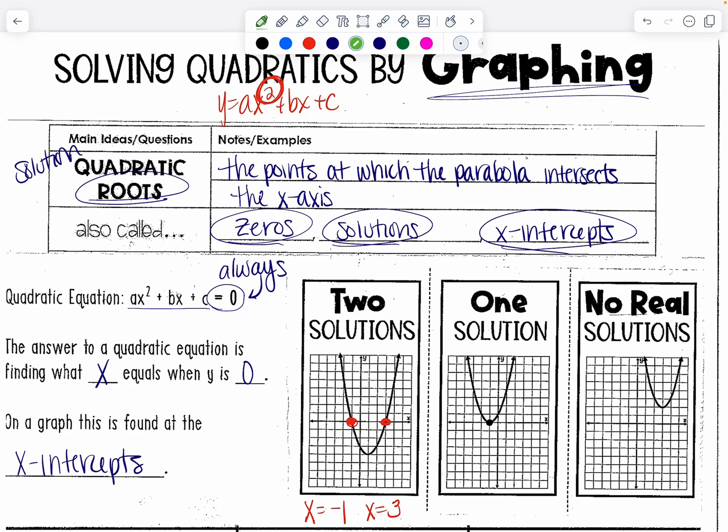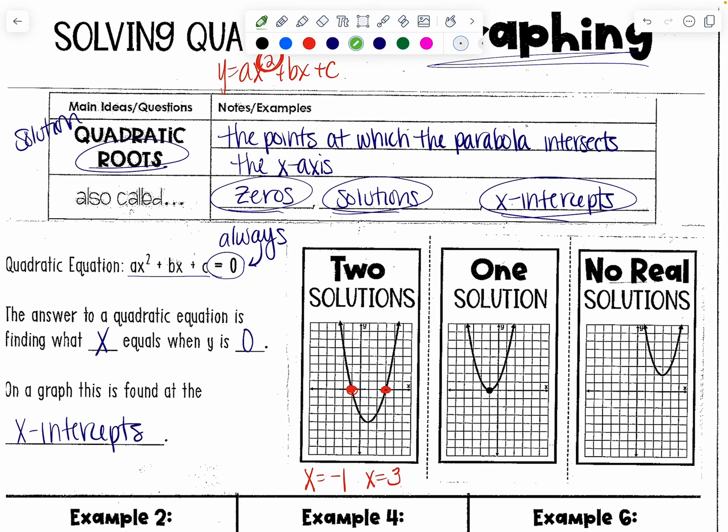However, we've talked about this before. Notice that our vertex just touches the x-axis, doesn't cross all the way through it. This is at x equals -1. This is what we call a double root, meaning it's the same answer twice.